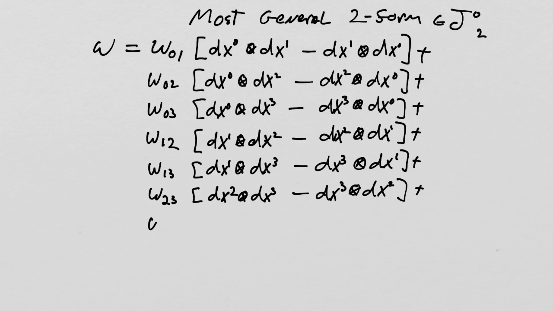Plus omega, well, I think that's it, right? That's it. Omega 3,1, 3,0, and 3,2 are all accounted for, and 3,3 is 0, so we don't even need any more.